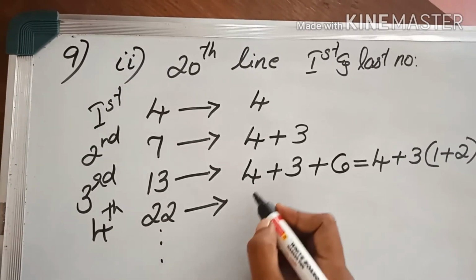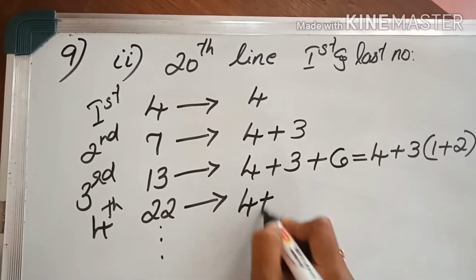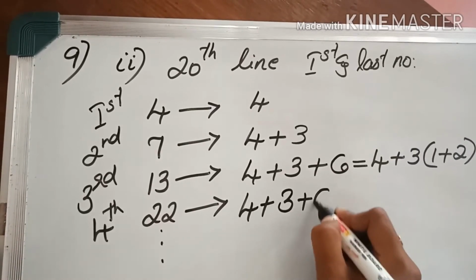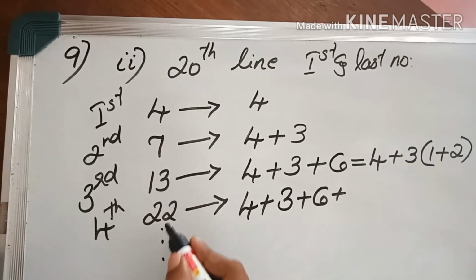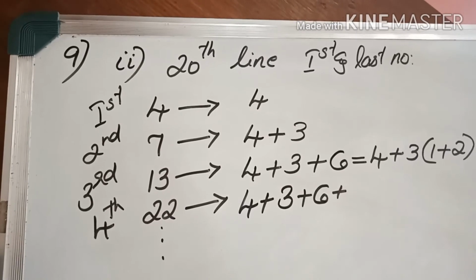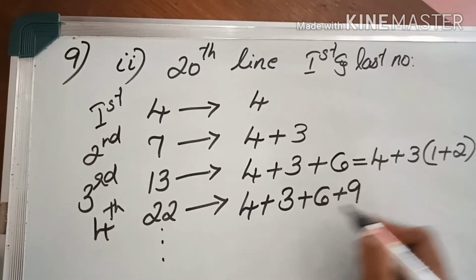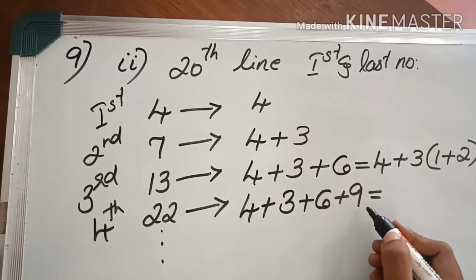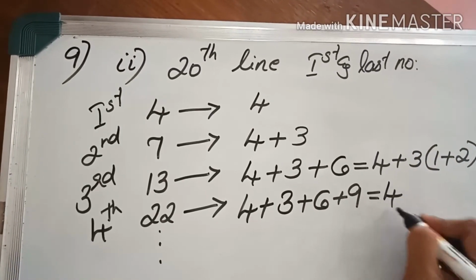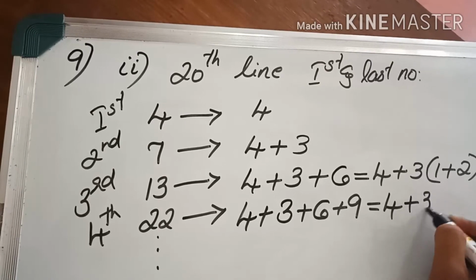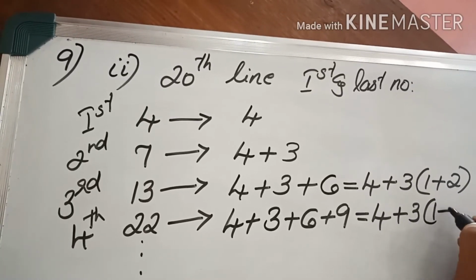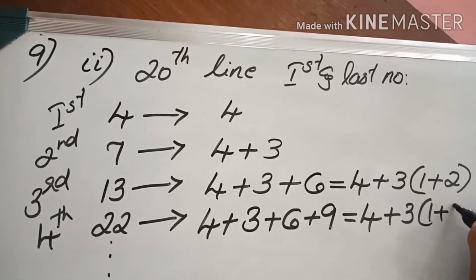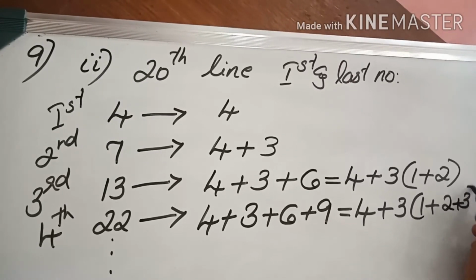Consider the fourth line here. That is 4 plus 3 plus 6 plus, that is 13 plus what is 22? 13 plus 9 is 22. So 3 plus 6 plus 9. All these three are multiples of 3. So this also we can write like this: 4 plus 3 into (1 plus 2 plus 3).